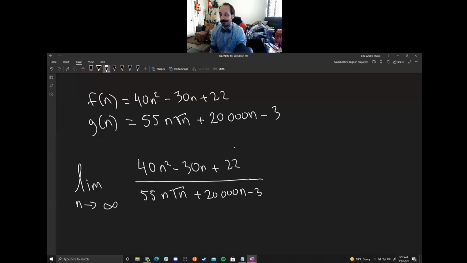So we have to do a little bit of algebra to figure this out. I'm going to factor a few things out. I'm going to factor n squared out from our numerator to get the following.